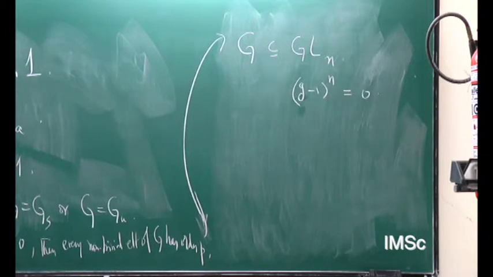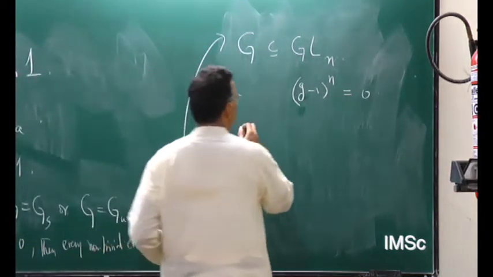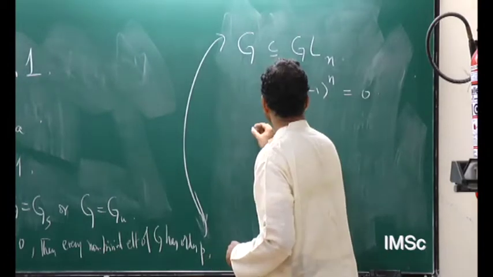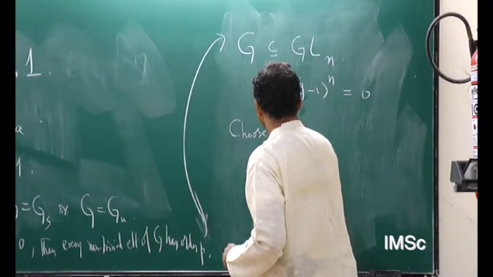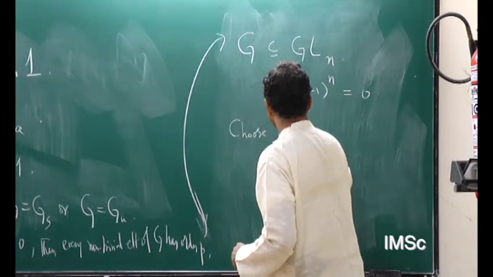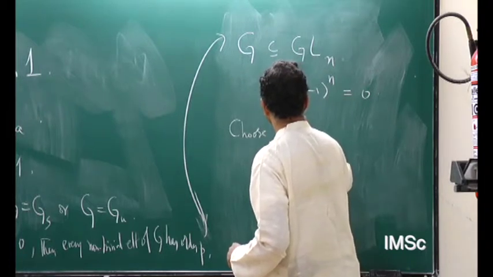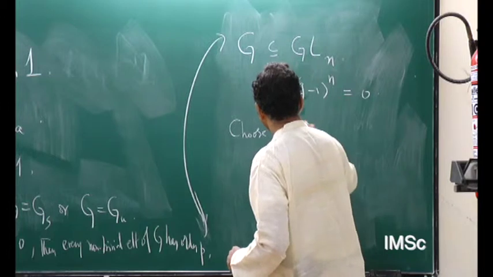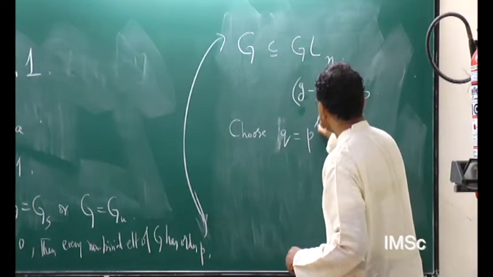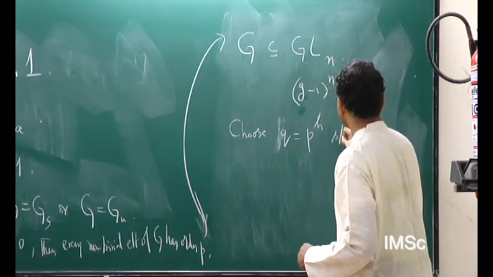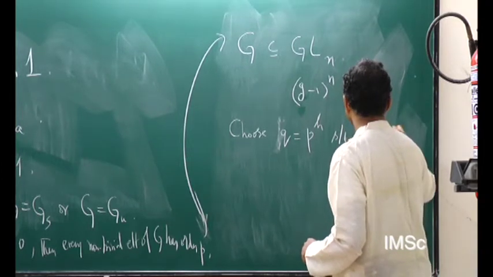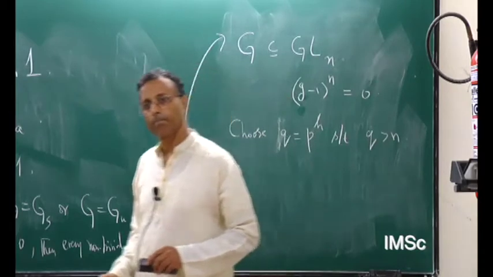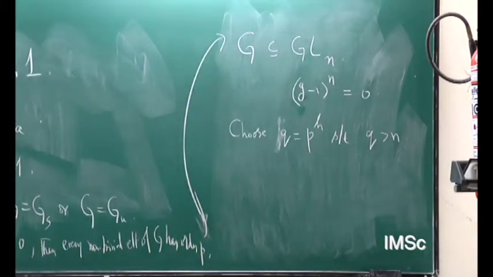Correct? Okay. Now choose P some power. So Q is equal to P to the h such that Q is bigger than or equal to n.